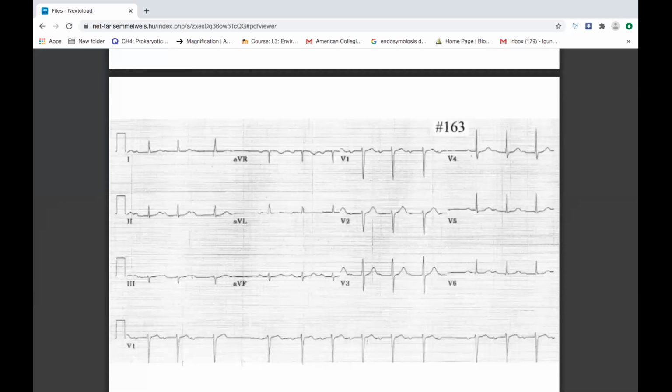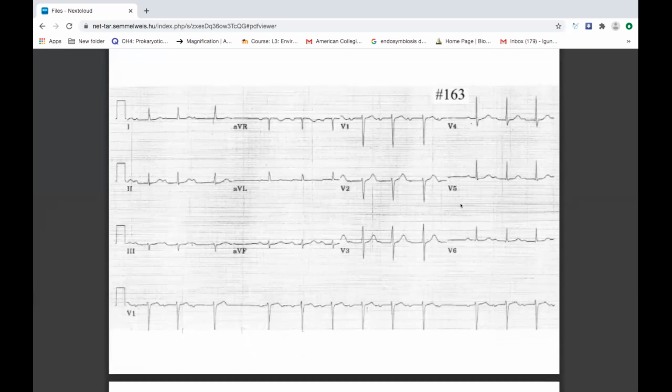Hello? Yeah, you are back. Something happened. It disconnected. Now I can see you again. What did I say last? The last is that it is arrhythmic because the RR intervals are not equal. Okay, that was the last one.